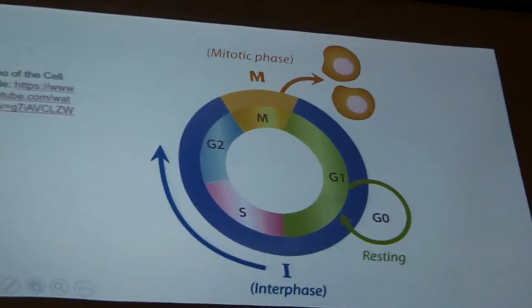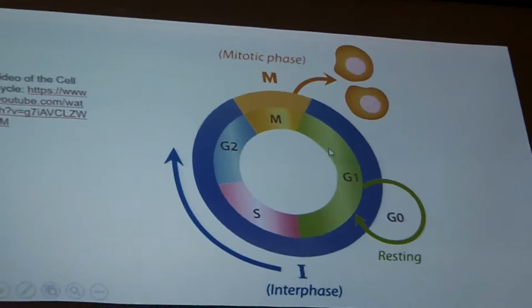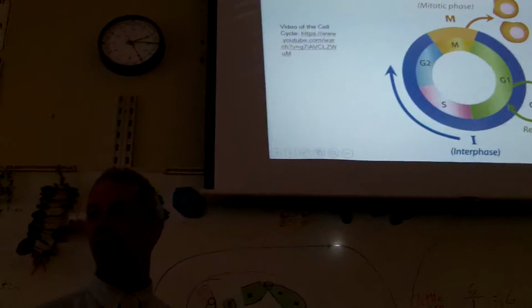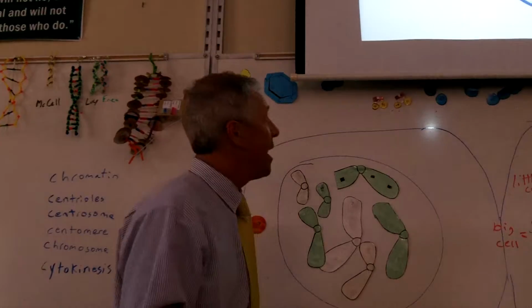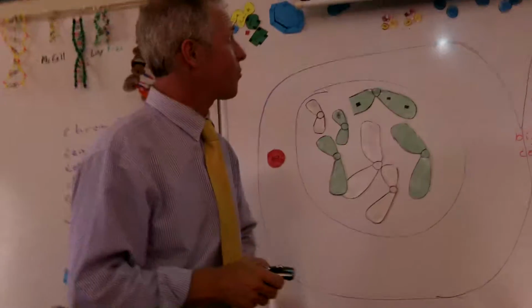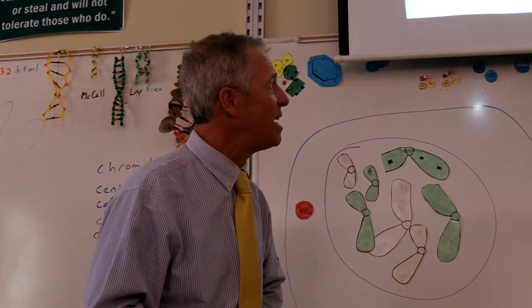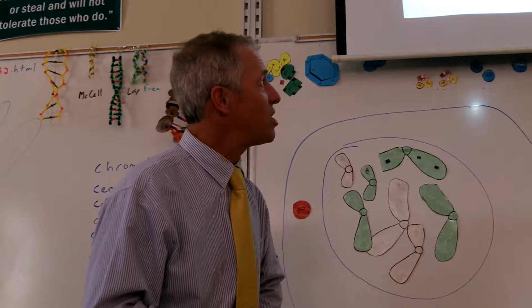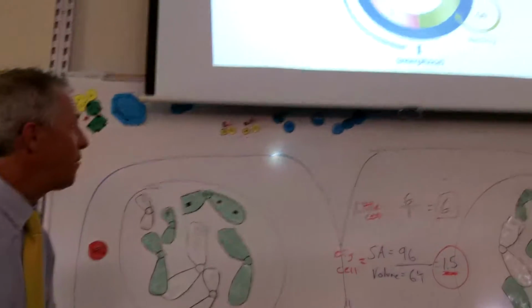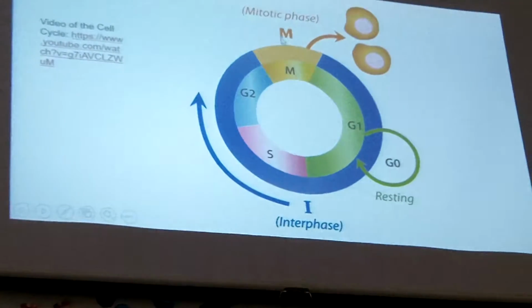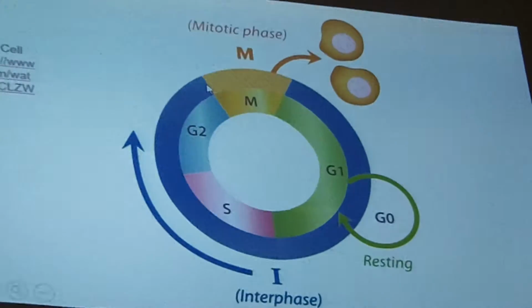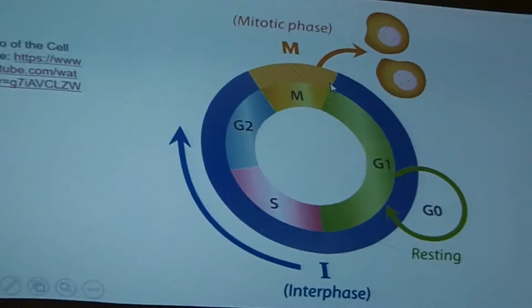The cell cycle is a series of phases that you're going to have to know. Okay? And there's 2 main parts. There's what we call interphase, which is normal cell life. And then there's mitosis, which is when the cell divides in 2.